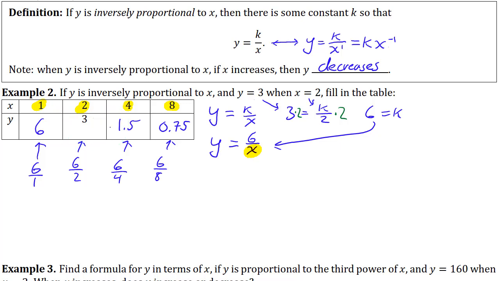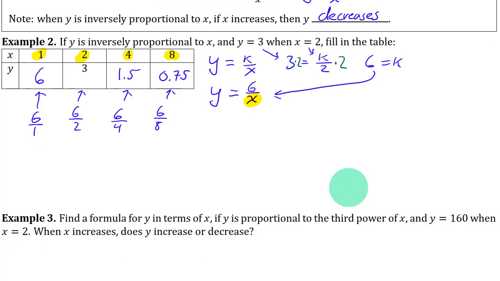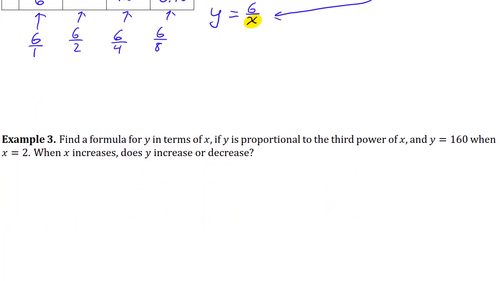So it's like if you had $6 divided by one person all to yourself, then you get $6. If you had $6 but you had to split it between 2 people, it's less money. $6 split between 4 people is less money. And the more people you have to split your $6 between, the smaller it gets. So that's how that works. Let's look at another example next.